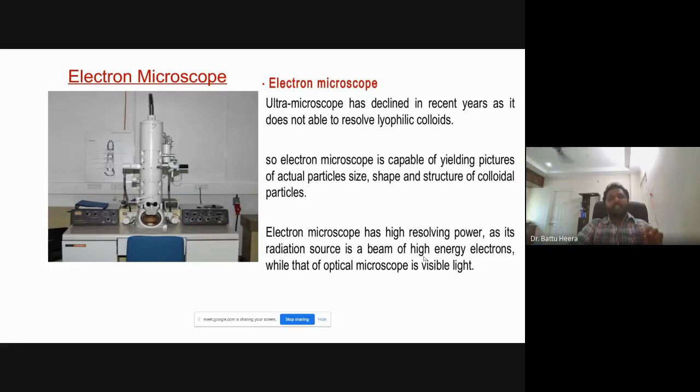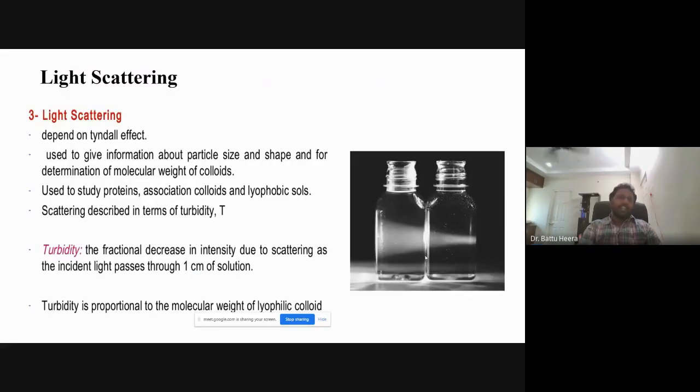With the electron microscope we can clearly observe the shape and size of the particles in it. So this is one type of optical property regarding colloids. Okay, light scattering. The light scattering technique is completely based on the principle of the Tyndall effect. It is used to give information about particle size and shape, and for determination of the molecular weight of colloids.